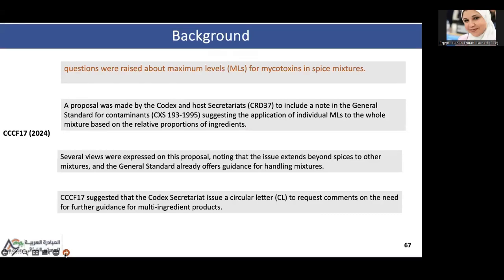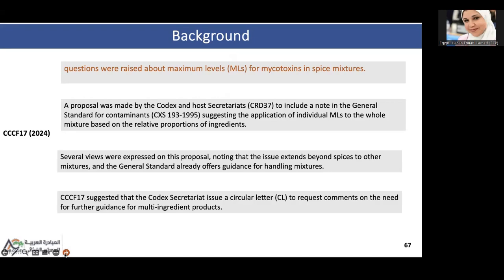As a background, in the previous meeting, CCF17 2024, questions were raised about maximum levels for mycotoxins in spice mixtures.